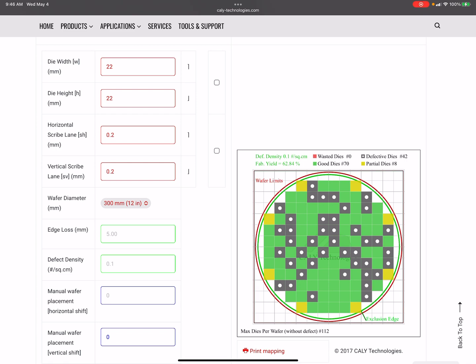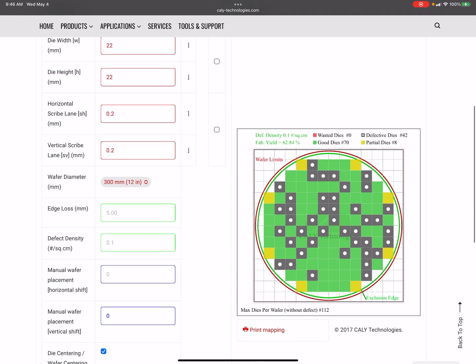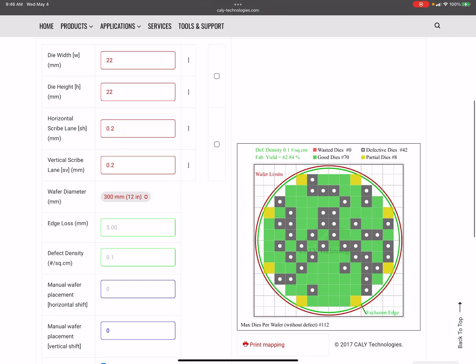I'm looking at this, can't zoom in here, but if you see in green in this graph, it gives you the good dies as 70. The total die is 112 at the bottom, but there's a yield that this is estimating. So this is giving us a number of good dies of 70, given this die size of 22 millimeters.